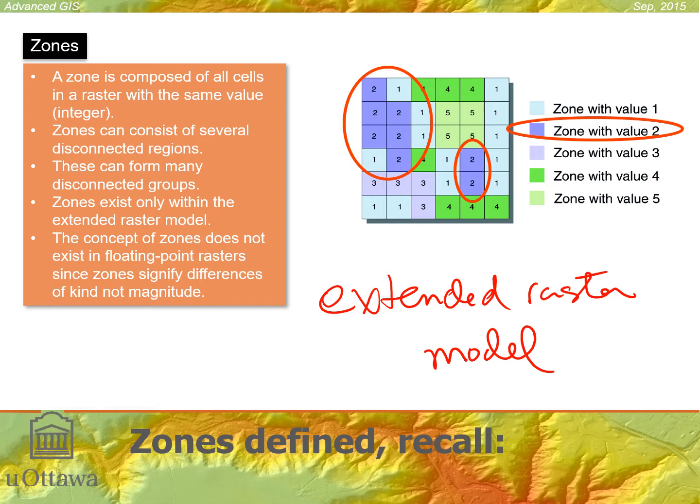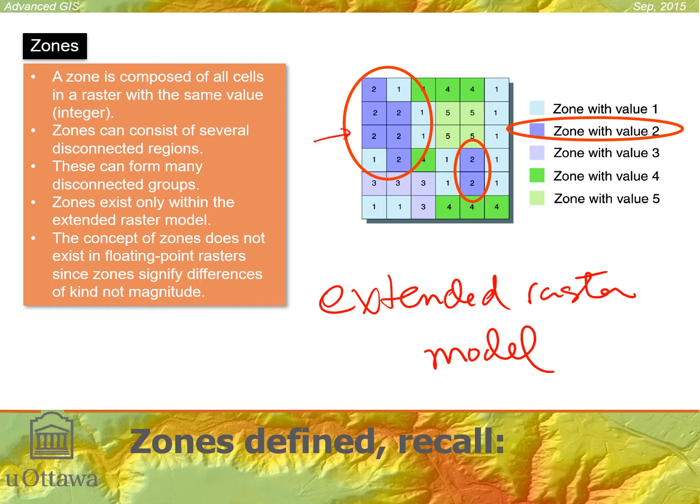And we can have any cell with a number or a category, even if it's by itself, that's a zone. Most often, though, zones will have many contiguous or discontiguous non-adjacent regions of cells with the same value.